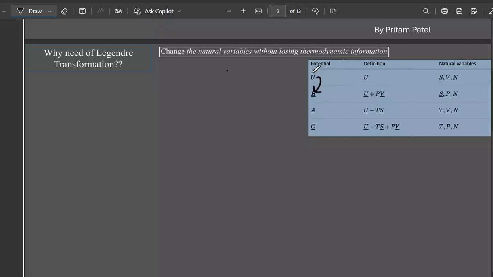In this case we use the Legendre transformation to easily convert the internal energy to enthalpy, and our thermodynamic information is not lost. Also internal energy to Helmholtz free energy and internal energy to Gibbs free energy, and also enthalpy to Helmholtz free energy, enthalpy to Gibbs free energy, and Helmholtz free energy to Gibbs free energy. All of these are interchangeable using the Legendre transformation tool.